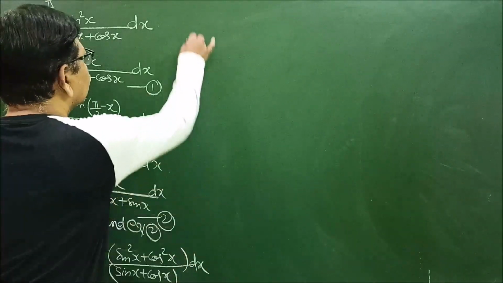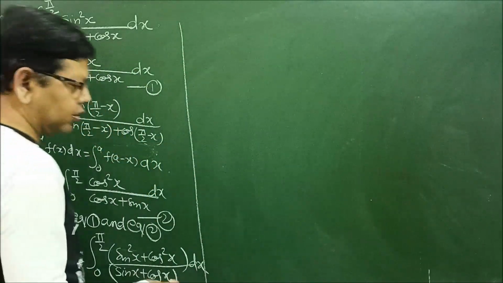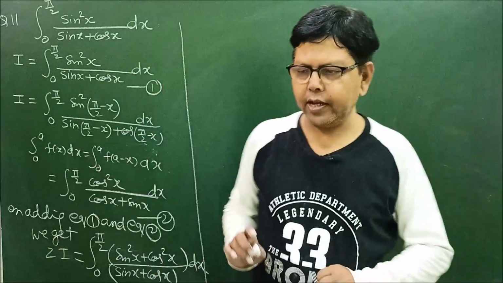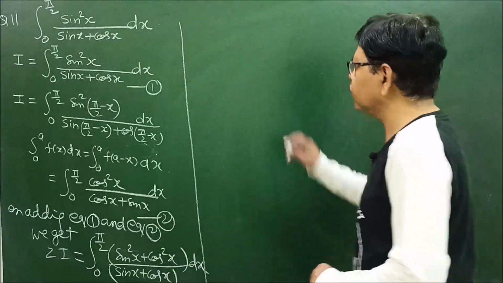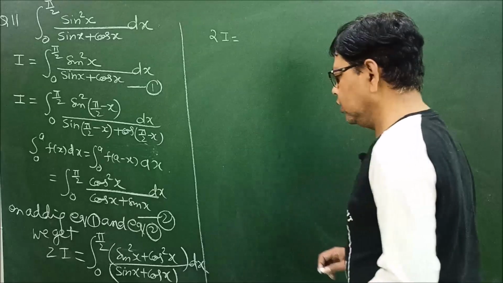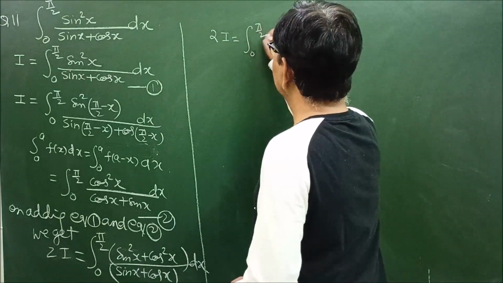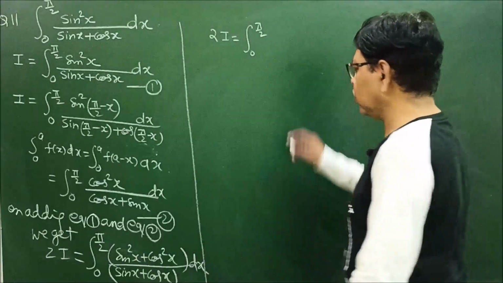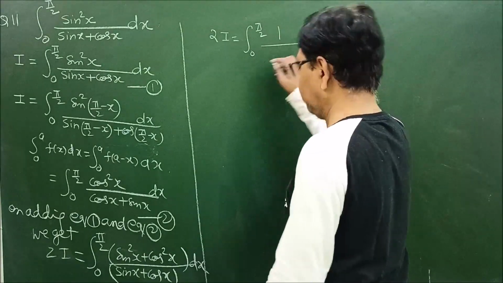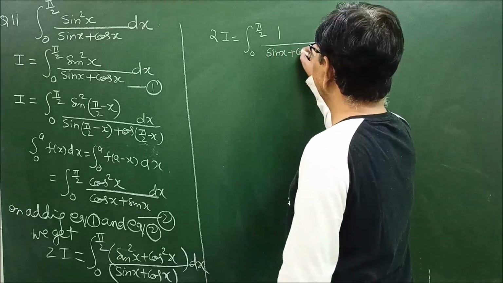So 2I is equal to the integral from 0 to pi by 2, where sin square x plus cos square x is 1, upon sin x plus cos x dx.